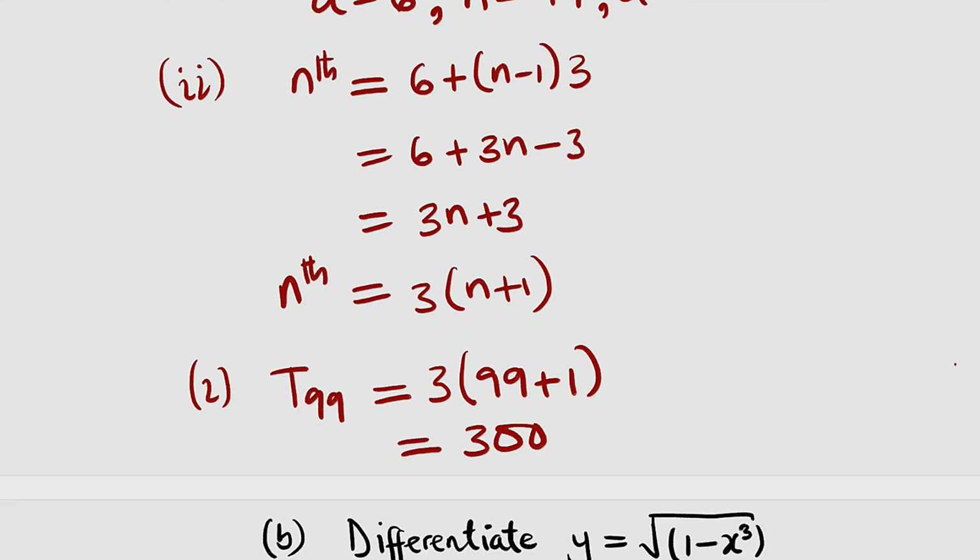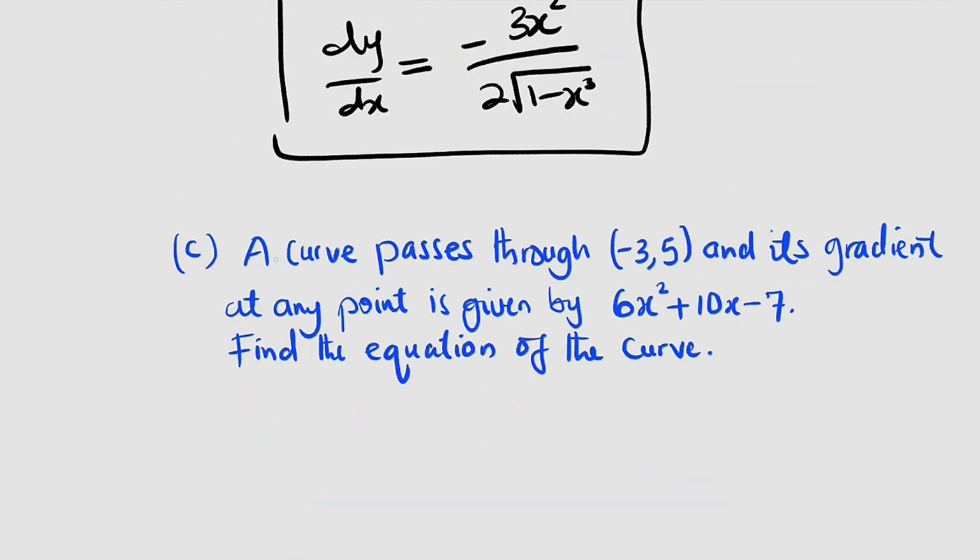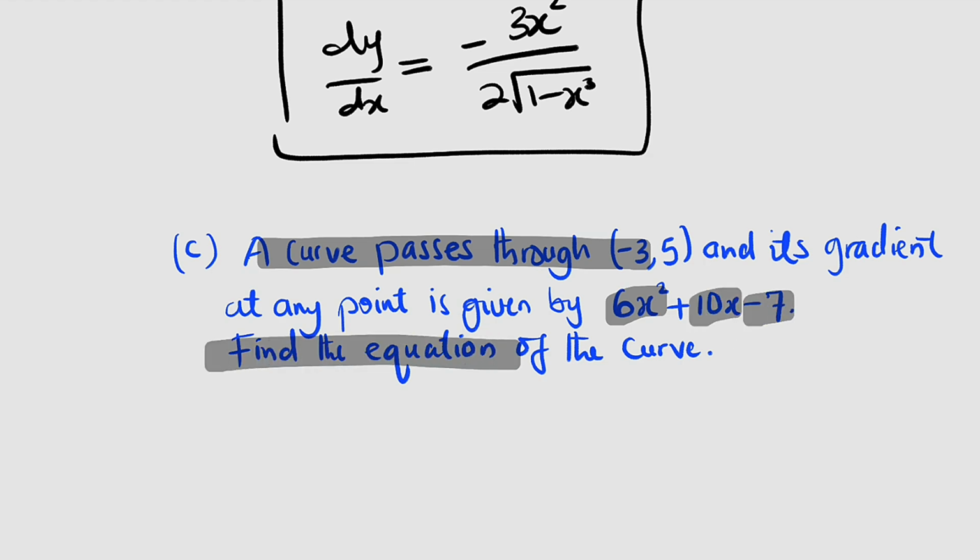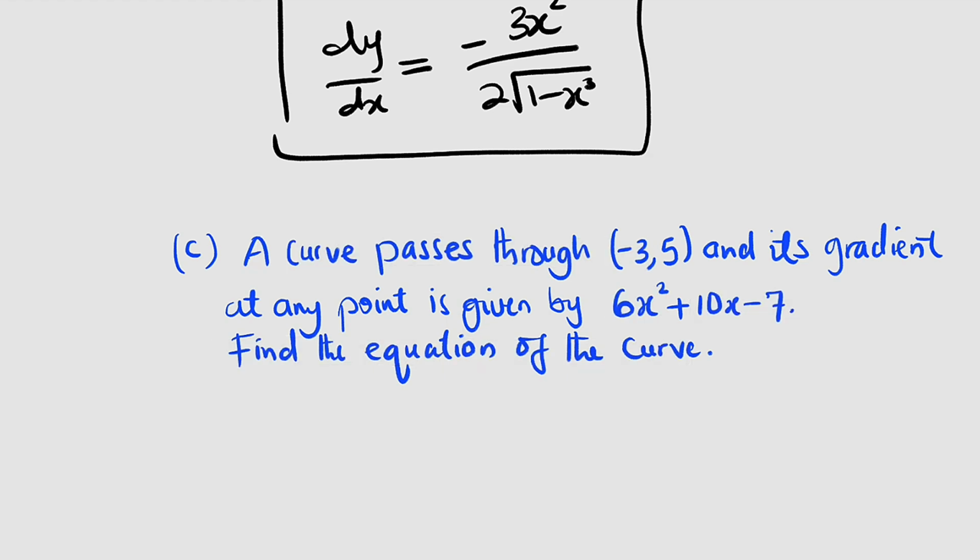Then the C part, it stated that a curve passes through the point negative 3, 5, and its gradient at any point is given by the function 6x squared plus 10x minus 7. We're asked to find that equation. What should come into your mind after seeing gradient is dy over dx.